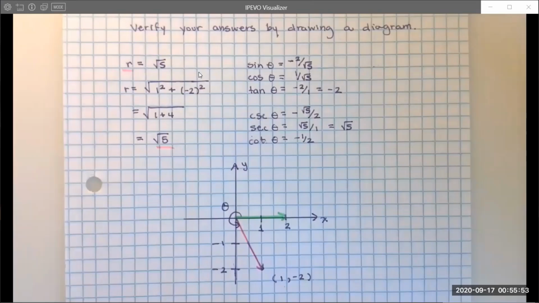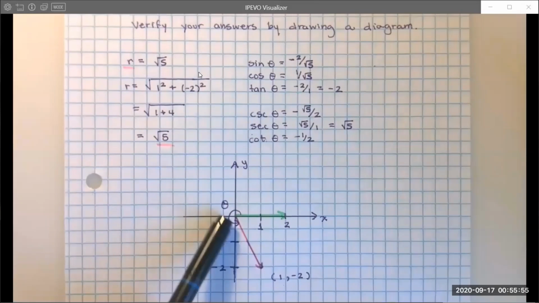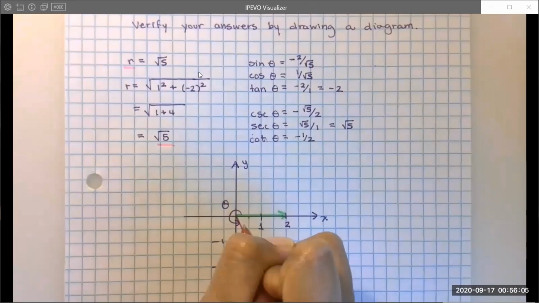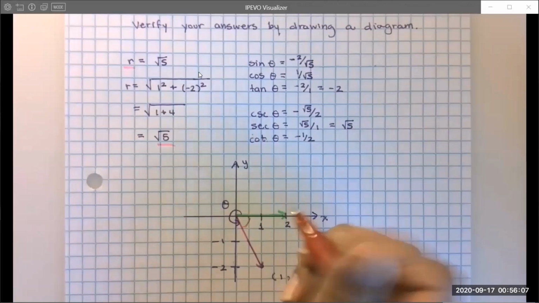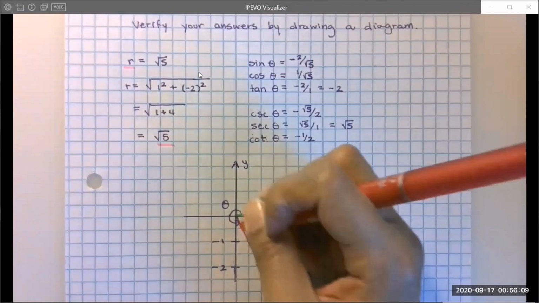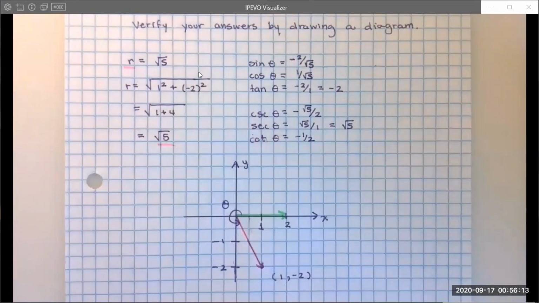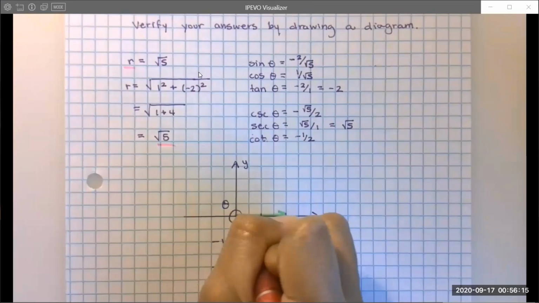Even though this is also between the terminal side and the positive x-axis, we're actually considering this angle here, the acute angle. So that would be our theta prime. That didn't quite show up, so let's try that again. Theta prime.